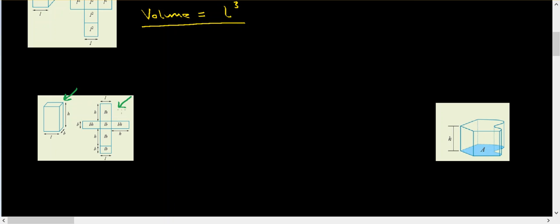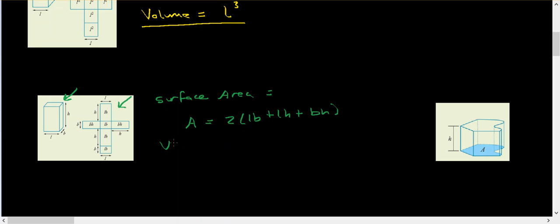So if we want to figure out the surface area of this one, we can use this formula: A is equal to 2 times length by breadth plus length by height plus breadth by height. So that's the surface area.